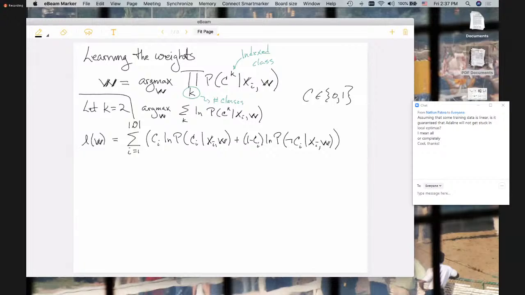All right, let me explain the notation. For the first terms in each of these sums, the CI versus 1 minus CI, I'm taking advantage of the fact that CI is either 0 or 1. So effectively, for a given example, only one of those two terms will remain because the other one will go to 0.